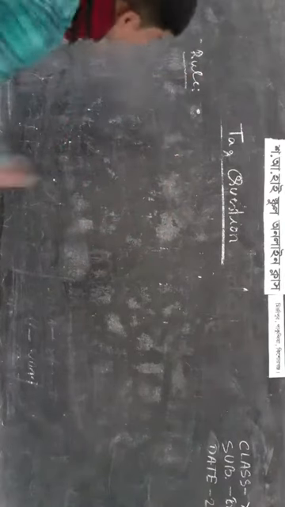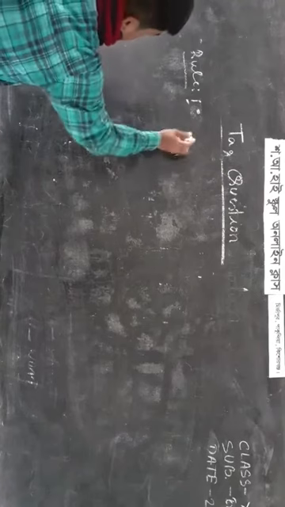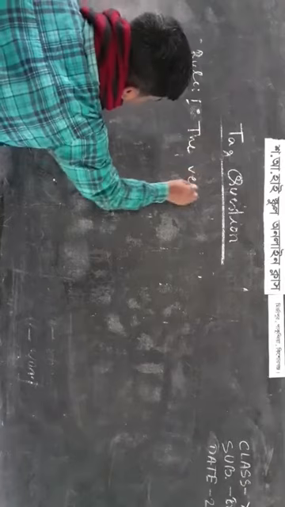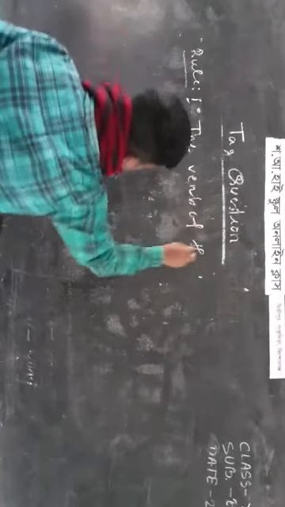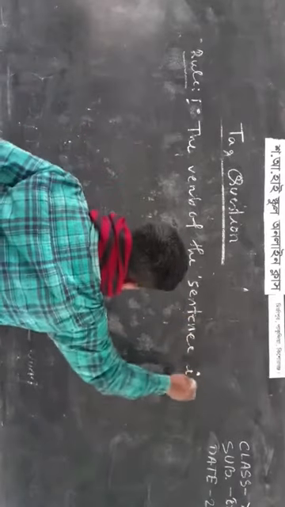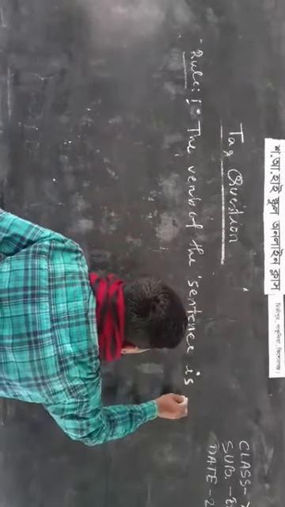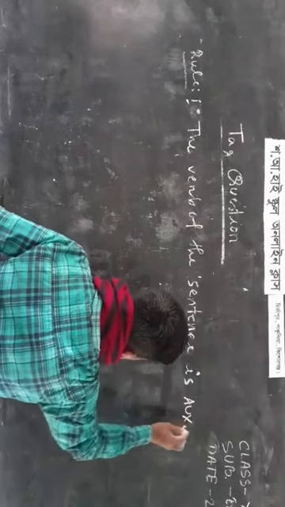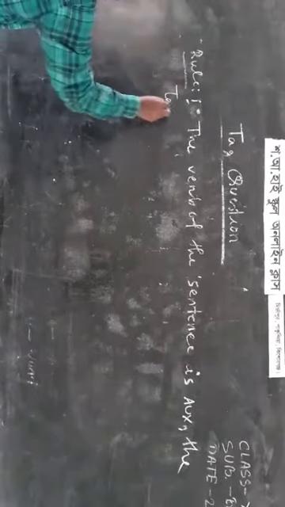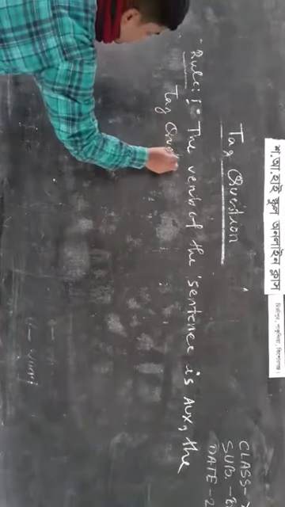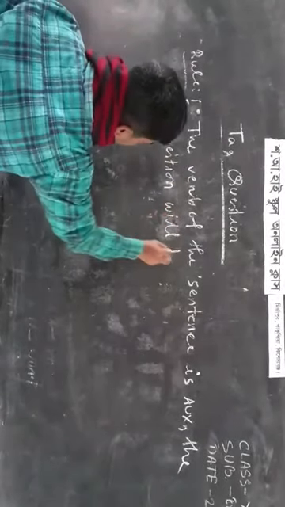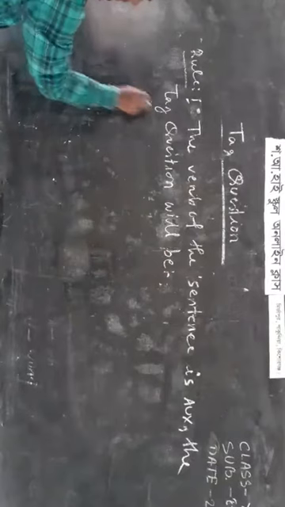Rule 1. If the verb of the sentence is auxiliary, the tag question will be made in this structure.